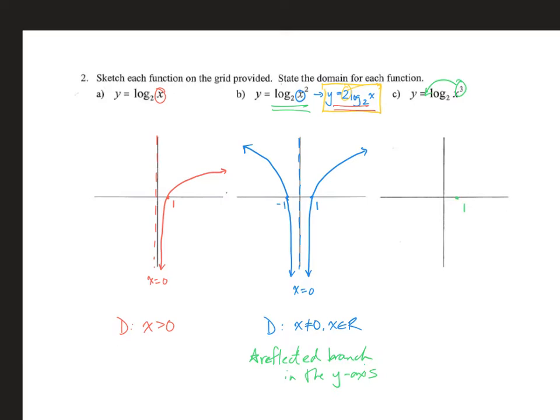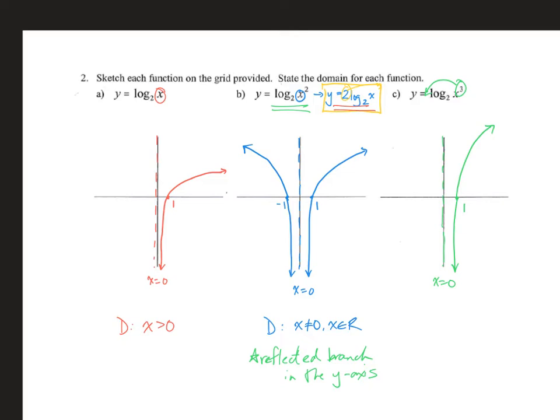And so my x-intercept isn't going to change, but now my graph is going to become even steeper relative to the other two. I'm going to have my vertical asymptote at x equals 0, and I'm hoping that we recognize that there would not be a reflected branch in this case.